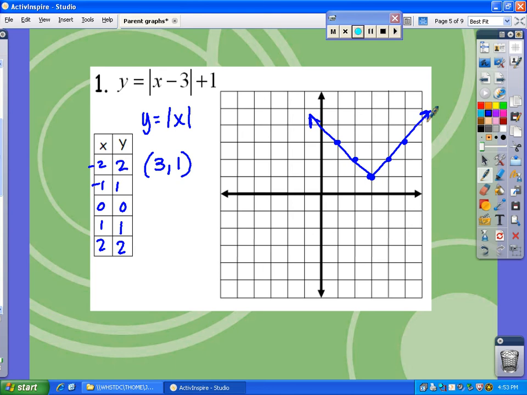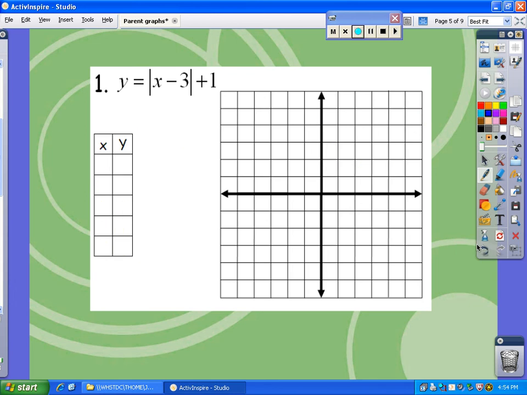All right, another option that you have, you can graph the parent graph first. So here again, I'm going to use my parent points. Graph my parent graph, and continue the pattern all the way through.